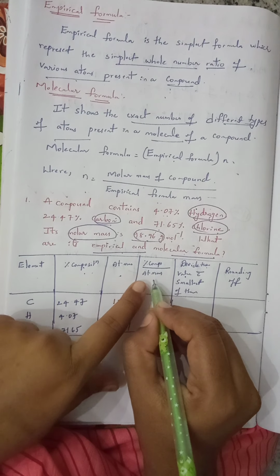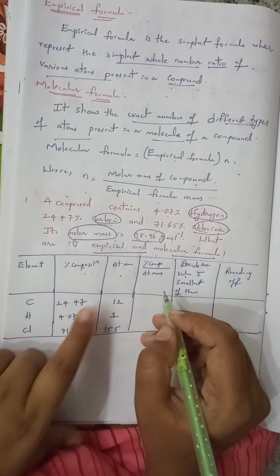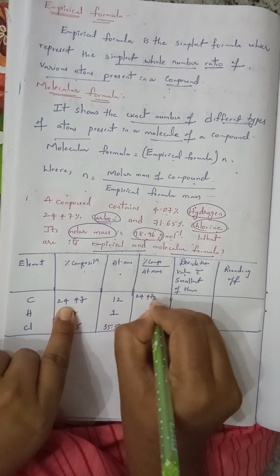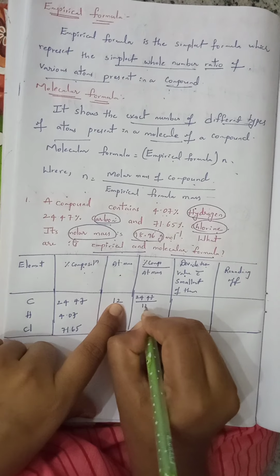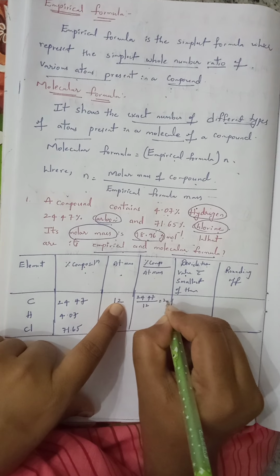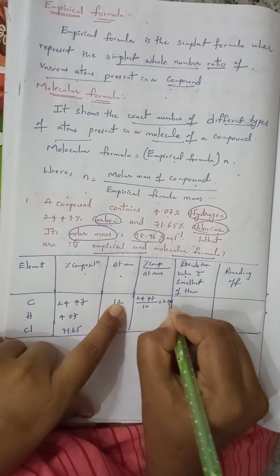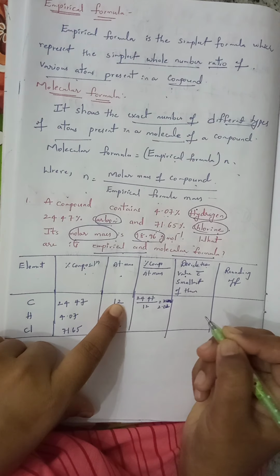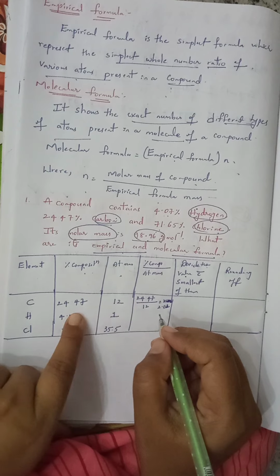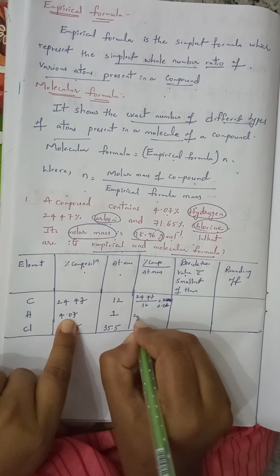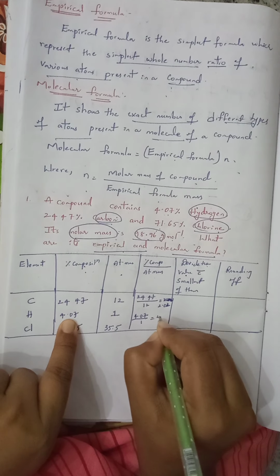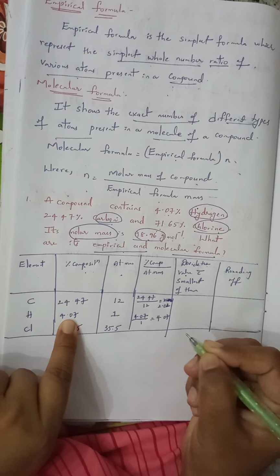Next, percentage composition divided by atomic mass. 24.47 divided by atomic mass 12 gives 2.02. Next, 4.07 divided by 1 equals 4.07.